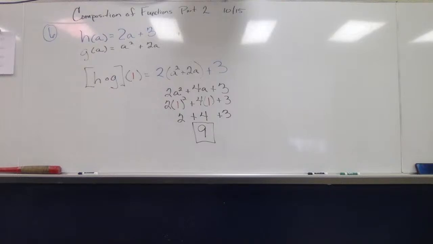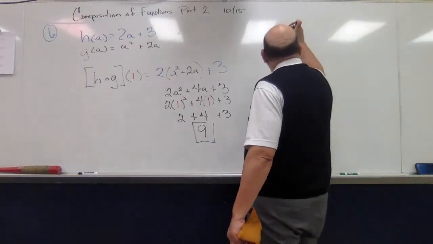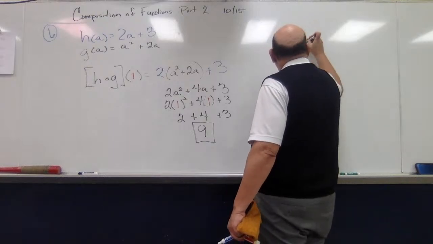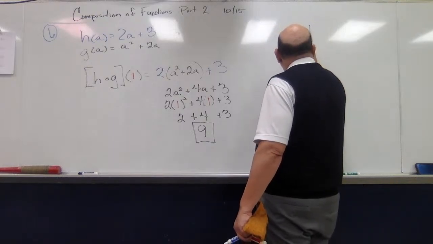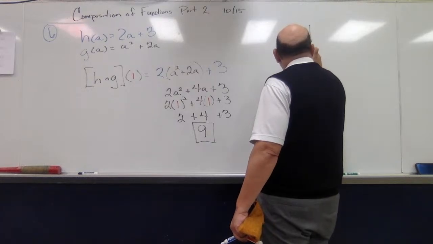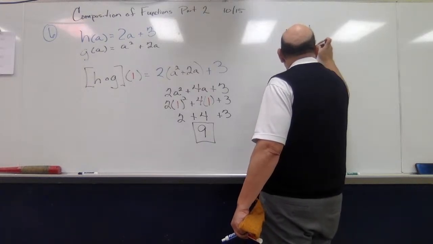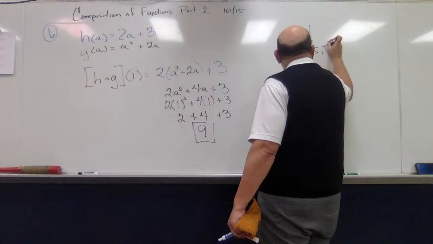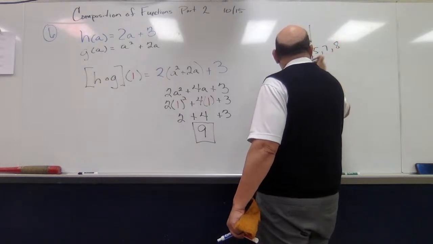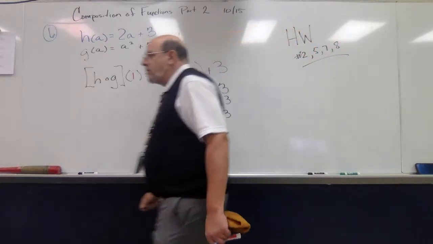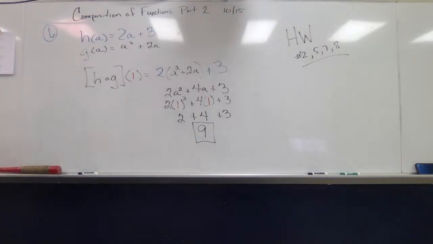So what did I say? 2, 5, 7, 8. Homework. Numbers 2, 5, 7, and 8. Maybe I'll test you on one of the ones on the back side. I think you should. We good?